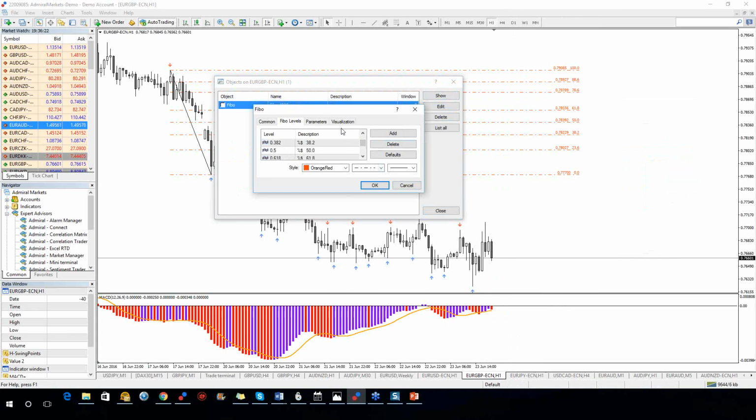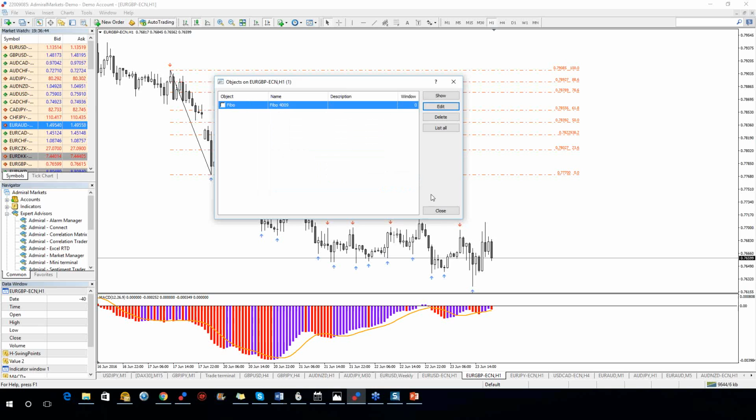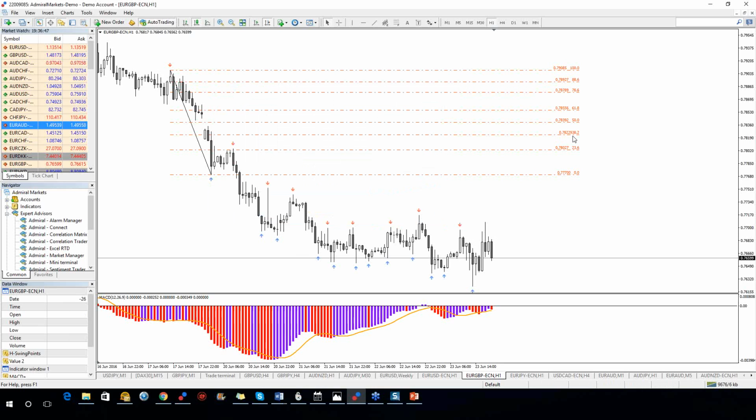If you want to have the levels described on your Fibonacci tool, because it's much easier to see the exact price levels, then you just need to enter percent and dollar. But if you do it like this, just percent and dollar without a space, you see it won't be showing correctly.